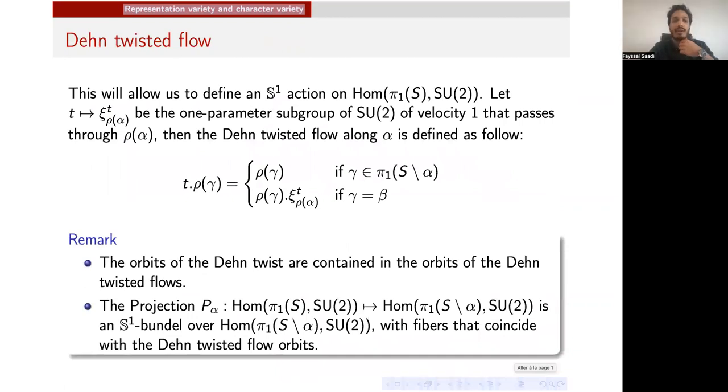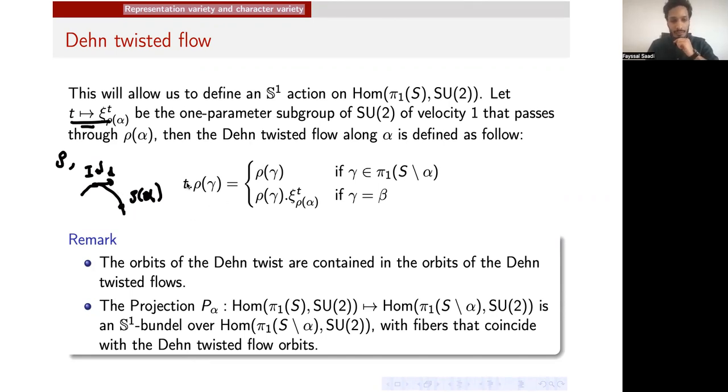And actually this allows us to define, so the idea here is that instead of seeing the Dehn twist as a discrete action on the Hom variety or on the character variety, we'll see it as a flow. The way to do this is, if you take a representation rho, we take this one-parameter subgroup to be the group that passes through the identity and through rho of alpha with velocity 1.